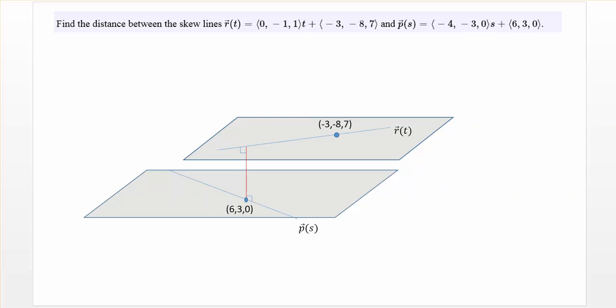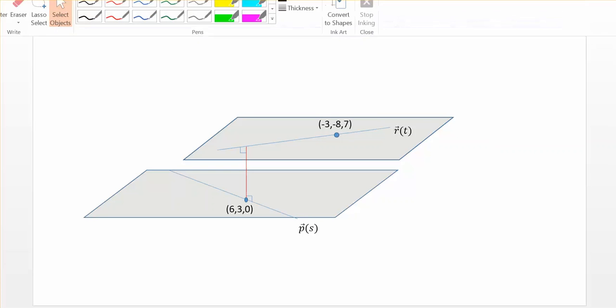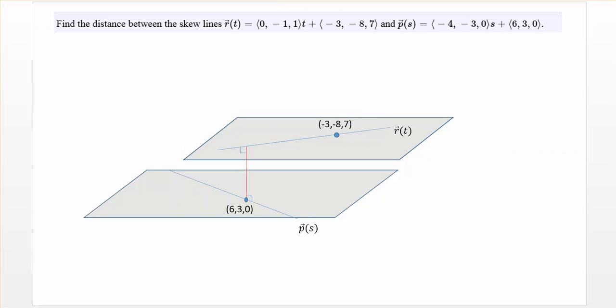The next thing we're going to do is identify a point on each line. I've used the points given in the definition of each line. Here's our initial point, we can call this x naught, and here's the other initial point, x naught. So this is x naught for r, and this is x naught for p.